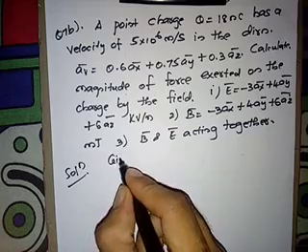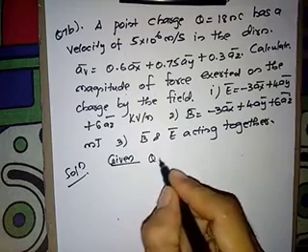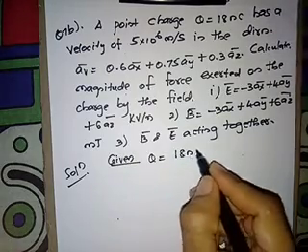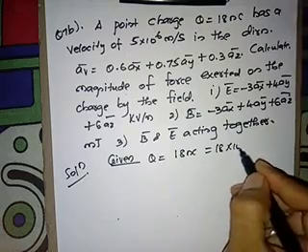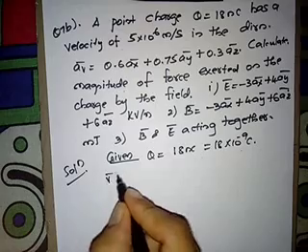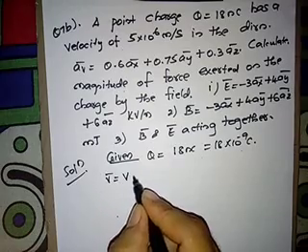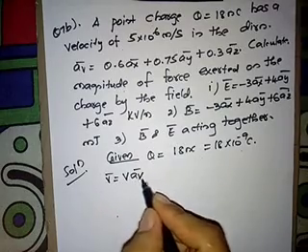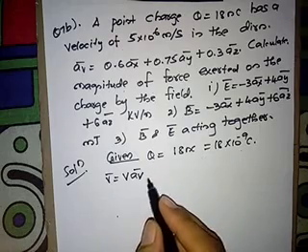What is given here? Write the given data first. Q is given, it is 18 nanocoulomb, that is 18 into 10 raised to minus 9 coulomb. Then V bar is given. Equation for V bar is V into aV bar, that is magnitude multiplied by its direction. Direction is given by the unit vector.